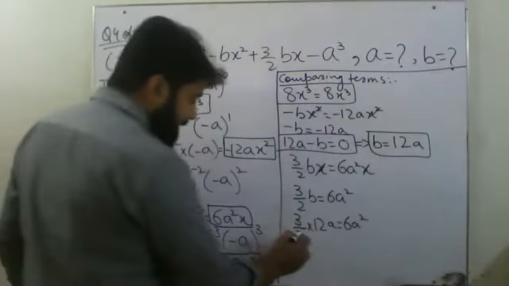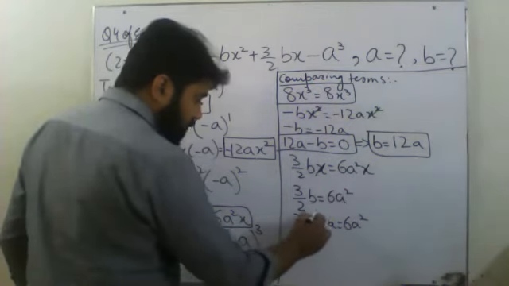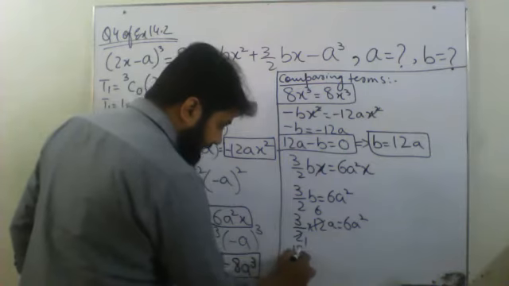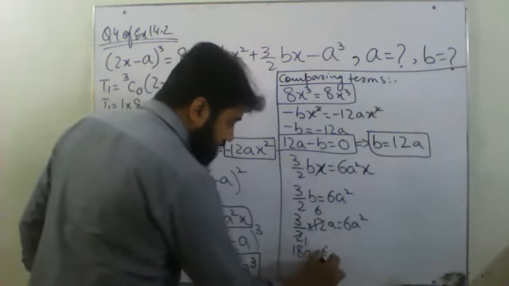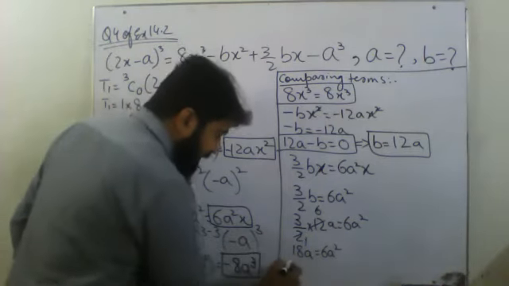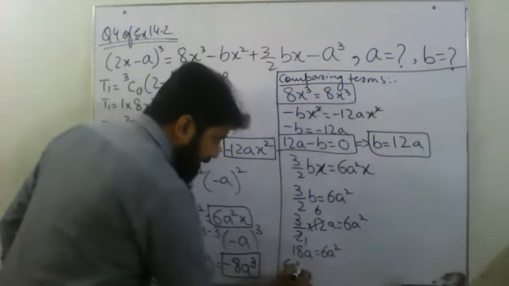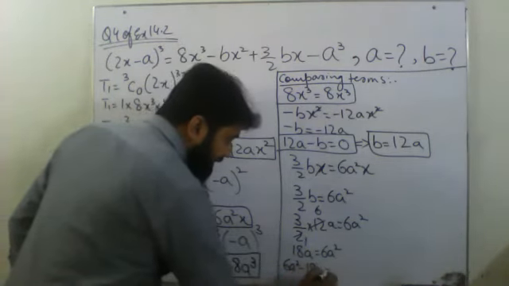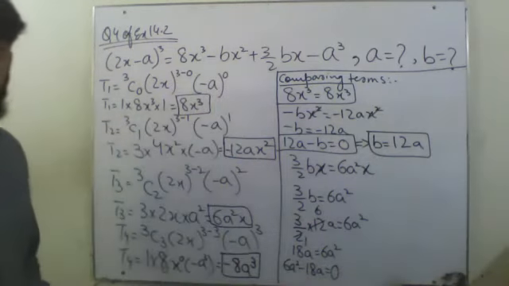Simplifying it, 18a equals 6a square. Shifting 18a over here, 6a square minus 18a equals 0.